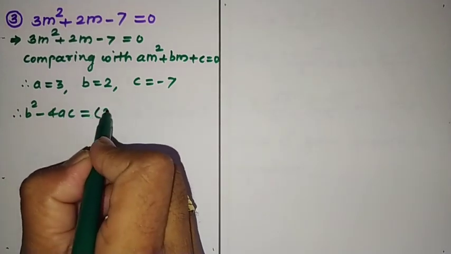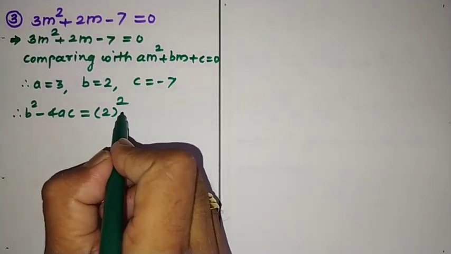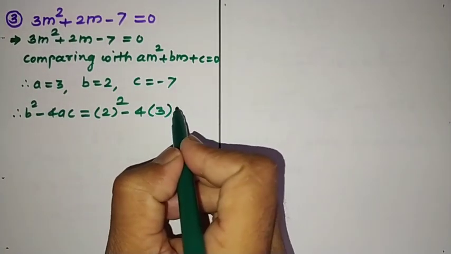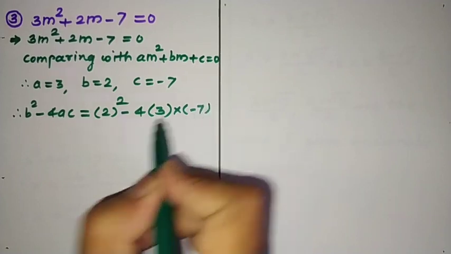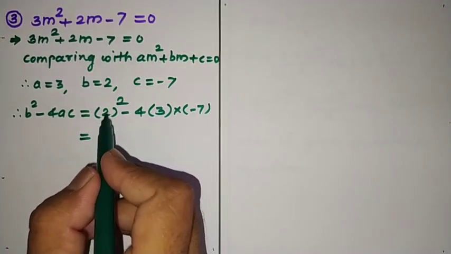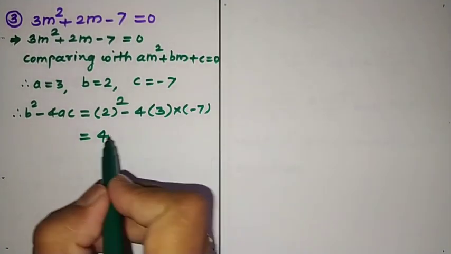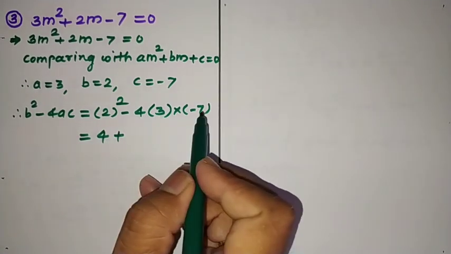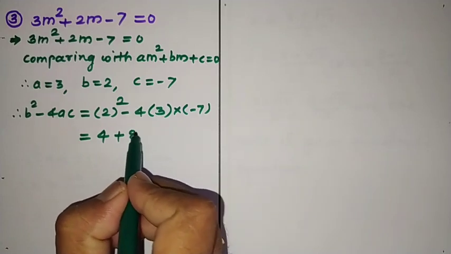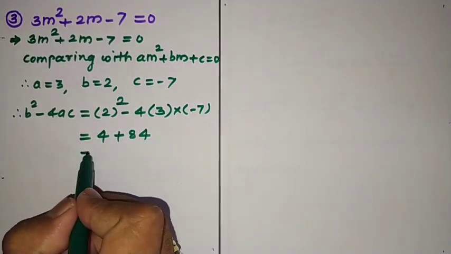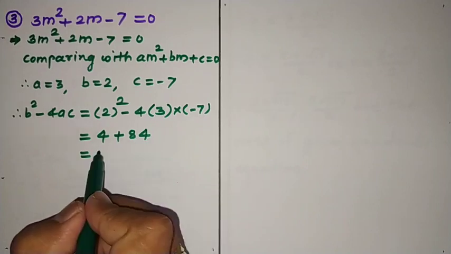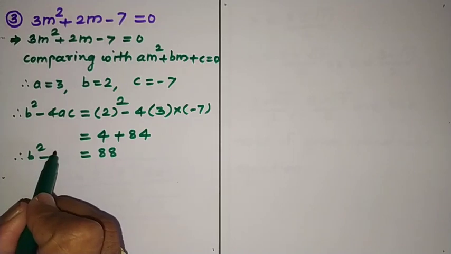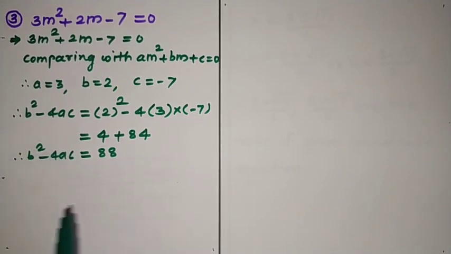The value of b is equal to 2, bracket square, minus 4 into the value of a is equal to 3 and the value of c is equal to minus 7. Square of 2 is equal to 4, minus minus plus, 4 3s are 12, 12 7s are 84. 4 plus 84 is equal to 88. Therefore the value of b square minus 4ac is equal to 88.